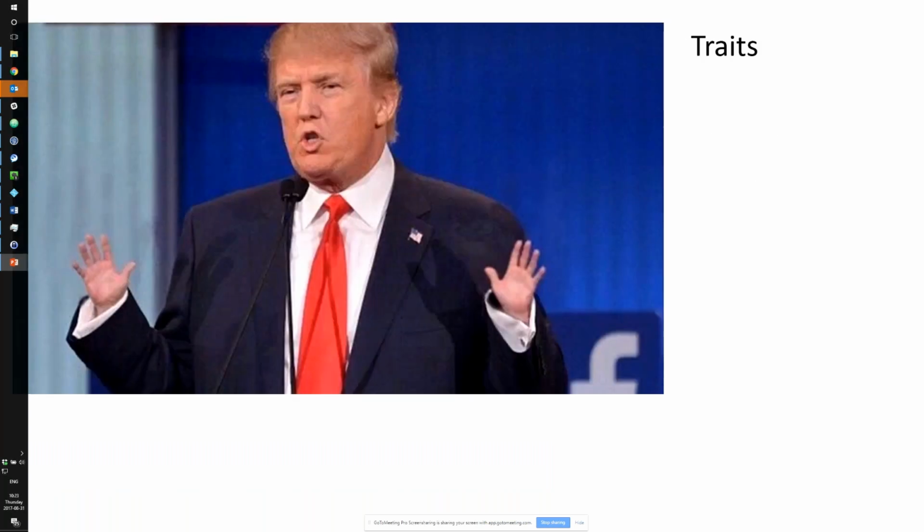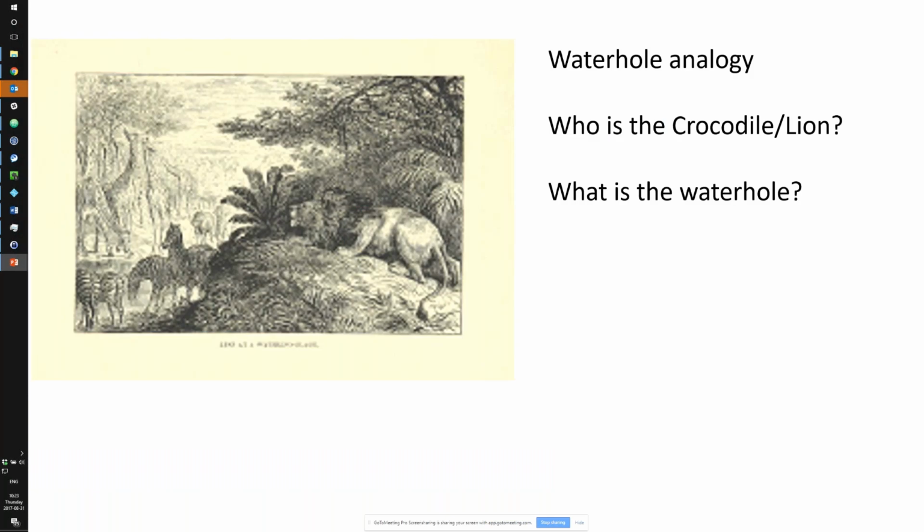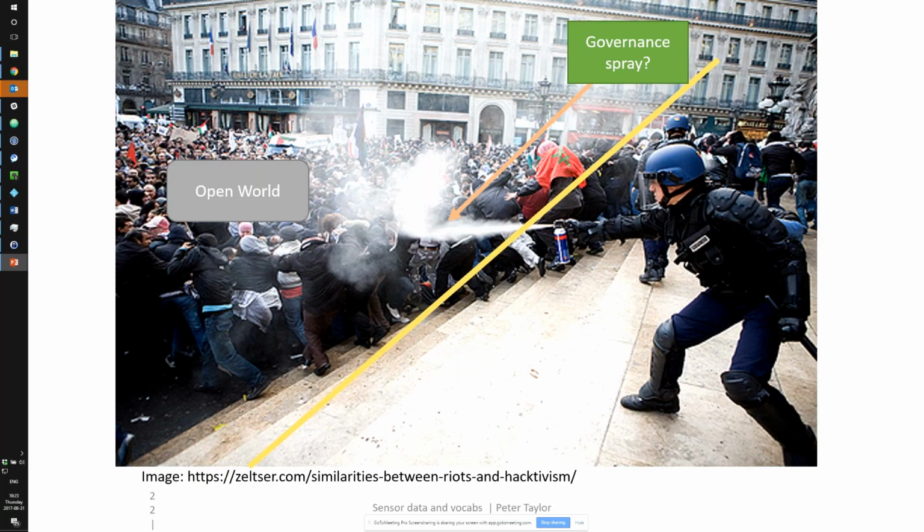There was some mention of traits. Size of hands was discussed. There was an analogy used, which is the water hole. This is something that Jens talks about a bit, how to attract the right organisms to the place, but you need to think about crocodiles and lions. There's also taming the masses.